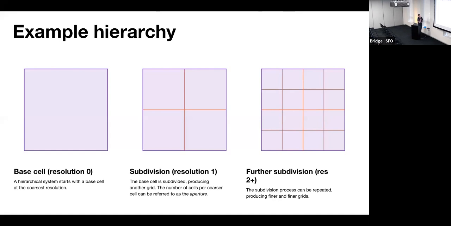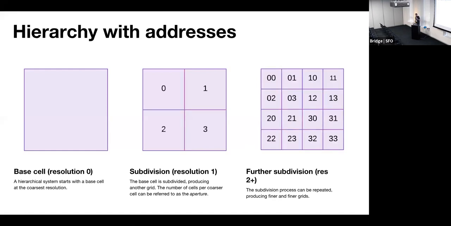So if we take the grid on the far right there, the finest one that we have, I can refer to a specific cell by telling you something like the top row second from the left. So that refers to one of the cells that's in that top left quadrant there. But I can also refer to it by telling you about its subdivision.